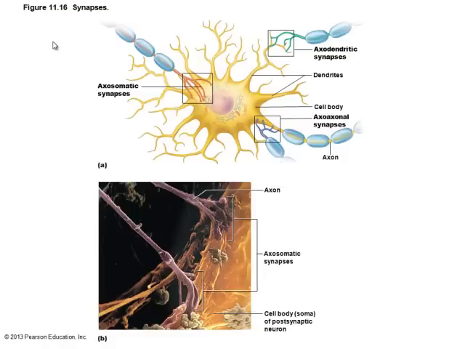Synapses. What's a synapse? No, it's actually where the chemical reactions take place. Here's an axon. Here's its end. There's a synapse between the end of this guy and the beginning of this guy.